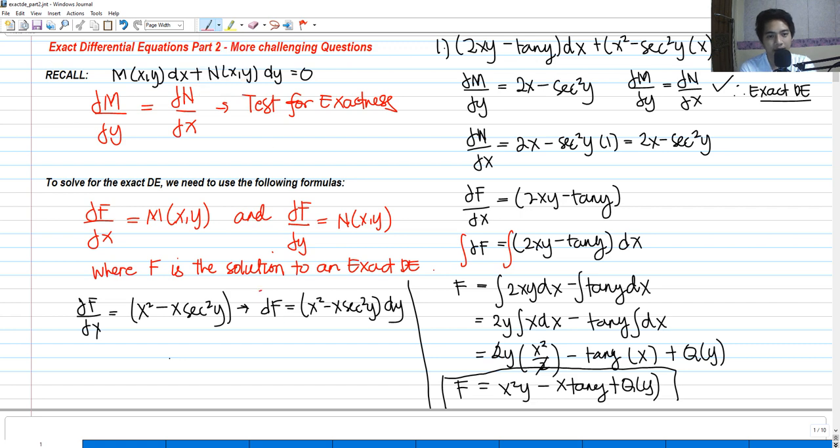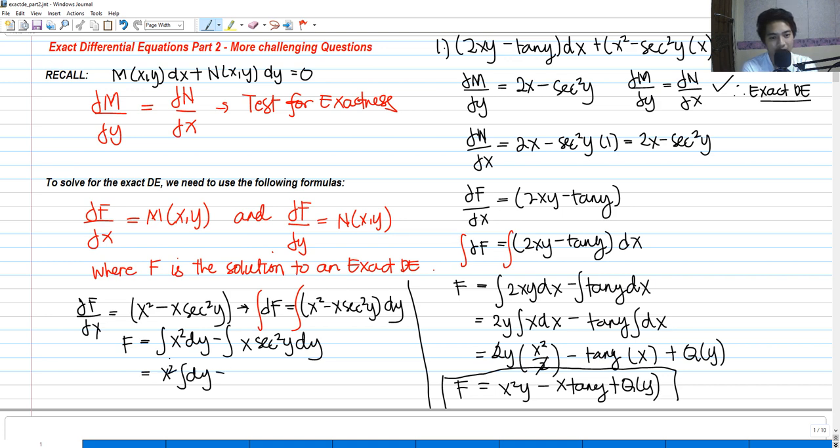Then we integrate both sides of the equation. So we have f, the same f as this. Now we have the integral of x squared dy minus the integral of x secant squared y dy. We are integrating in terms of y, so x is considered a constant.